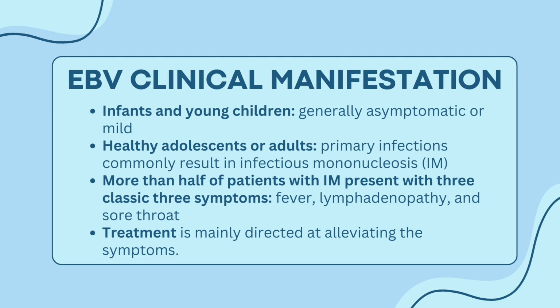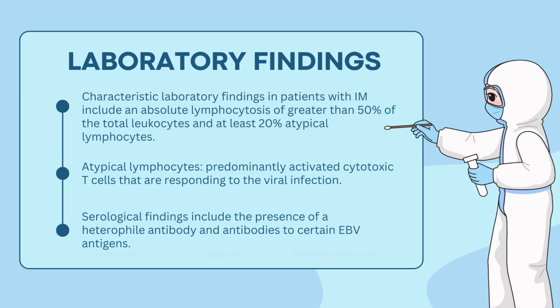Treatment is mainly directed at alleviating symptoms, although associated symptoms are essential in diagnosing infectious mononucleosis. They can also be caused by many other infectious agents, so yung laboratory testing plays an important role in differentiating IM from other infections. Then we have the laboratory findings.